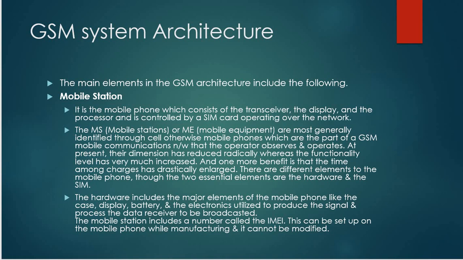And also the main important part is the IMEI. Okay, IMEI. What is the IMEI? IMEI is the numerical number system to identify particular mobile phones. I already explained this. What is the working of IMEI? What is the use for checking all these things? We already discussed this in the last class also. This can be set up on the mobile phone while manufacturing and it cannot be modified.